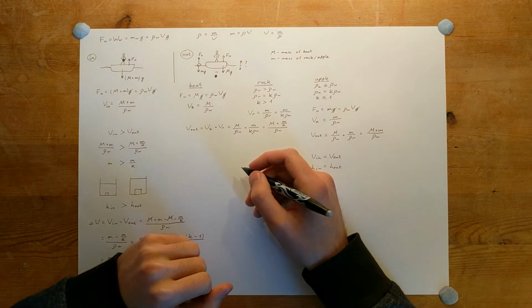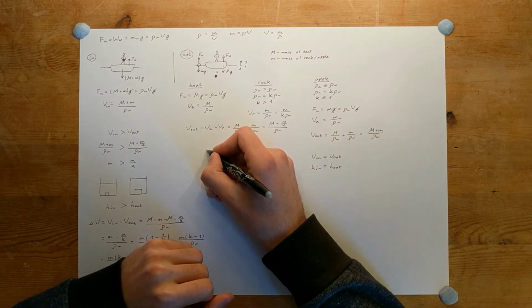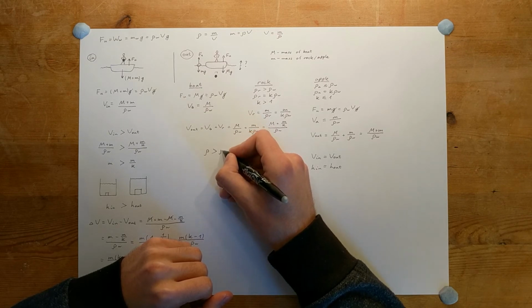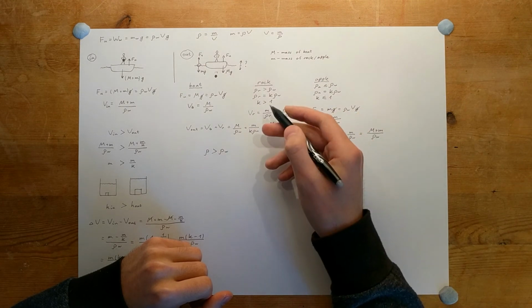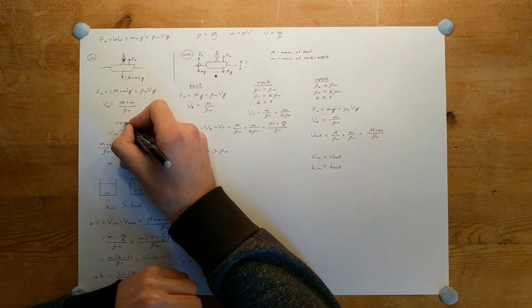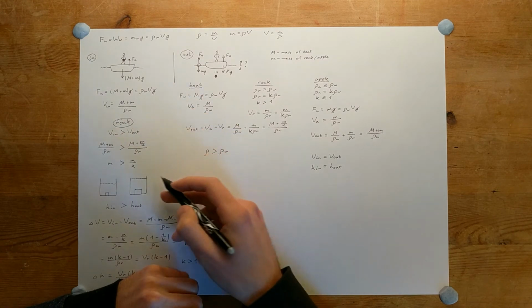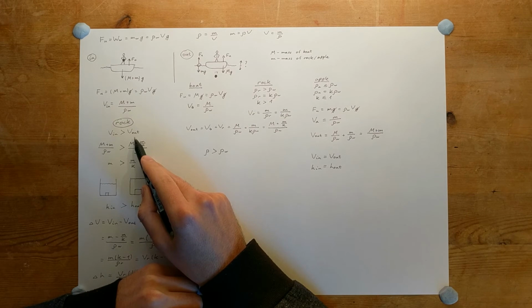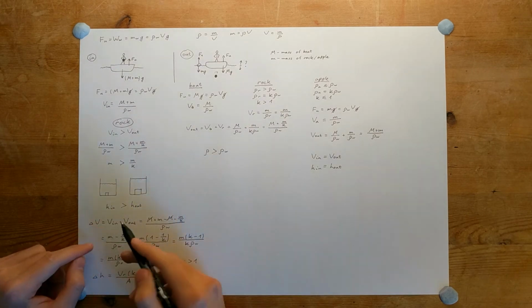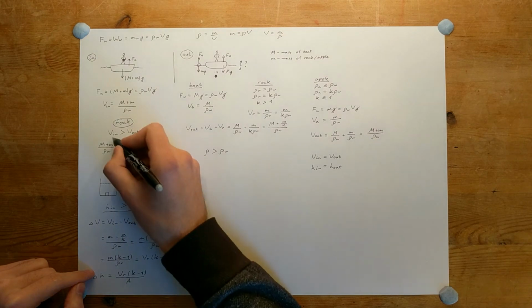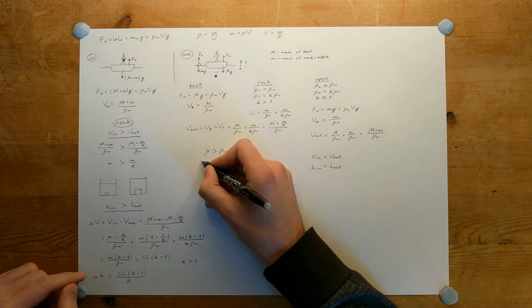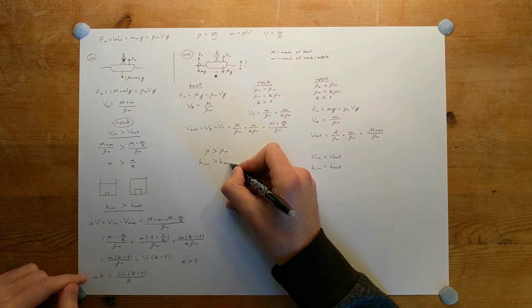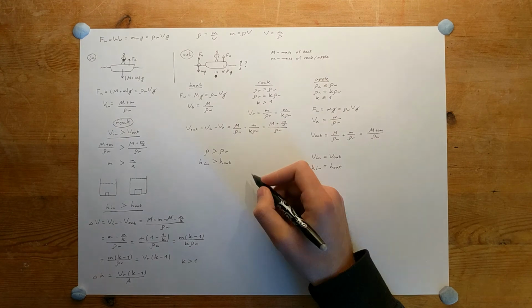So, to summarize everything, if the density of an object is greater than the density of the water, as it was in the case of the rock, then the volume of water displaced when it's inside is greater than when it's outside, and therefore the height is greater when it's inside. So we can write it here: H in is greater than H out.